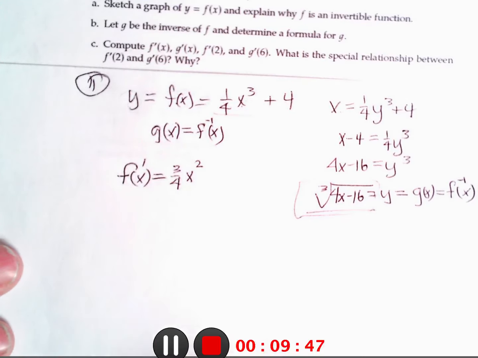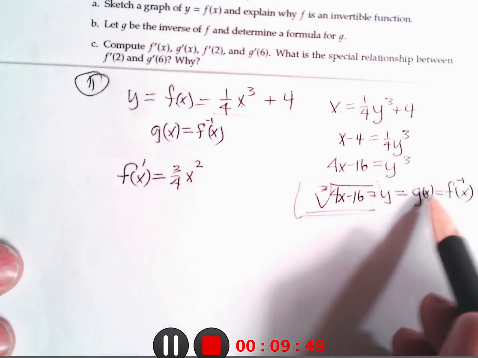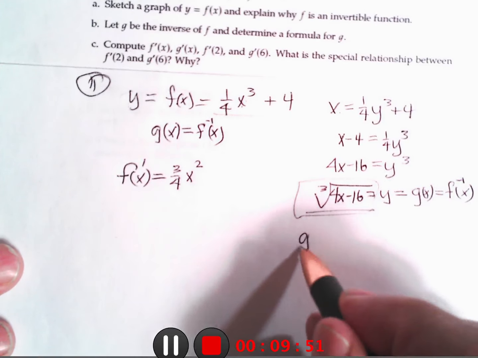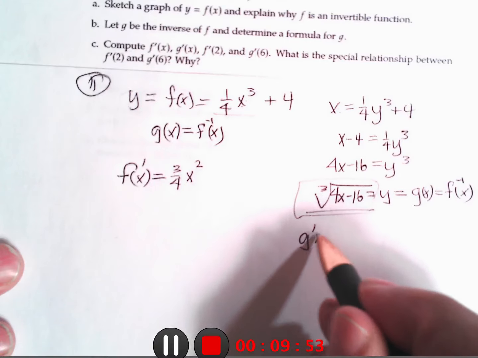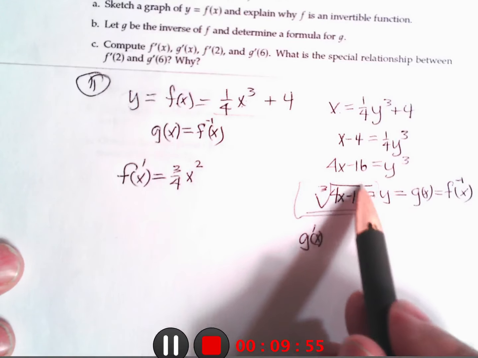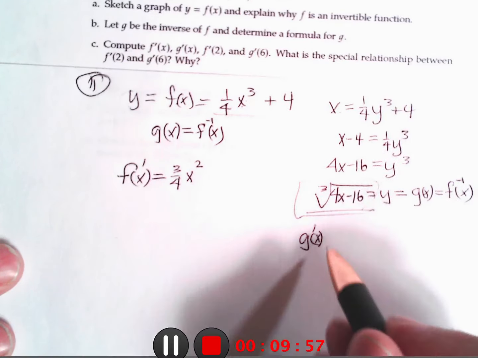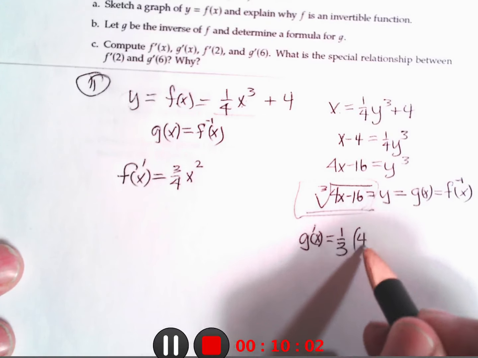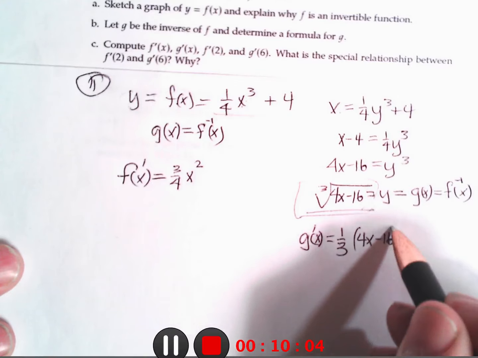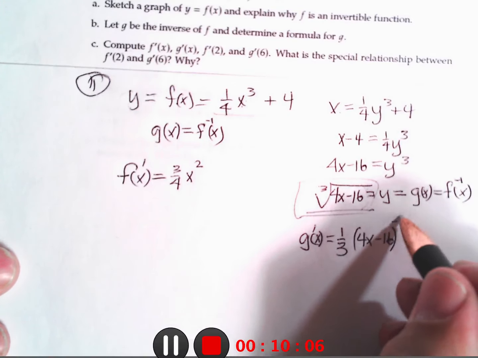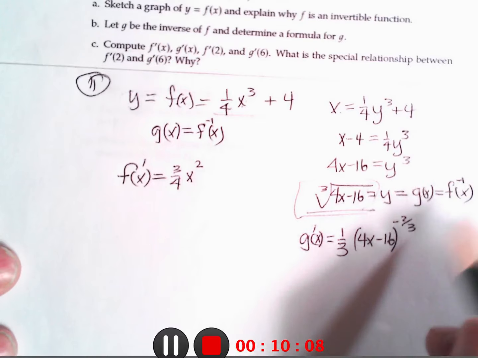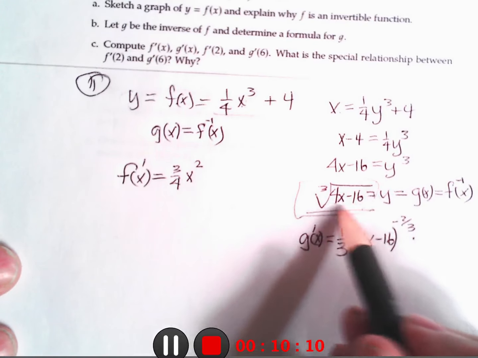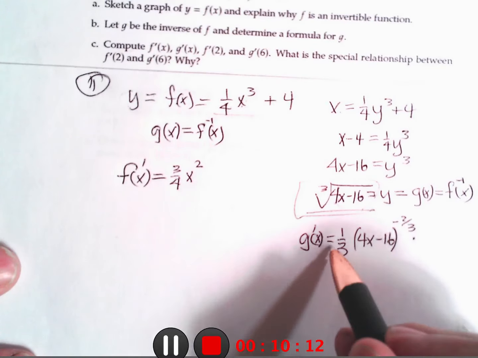And G prime of x, since this is to the 1/3 power, would be 1/3 of this to the negative 2/3 power times the derivative of the inside, which I could do first or now.